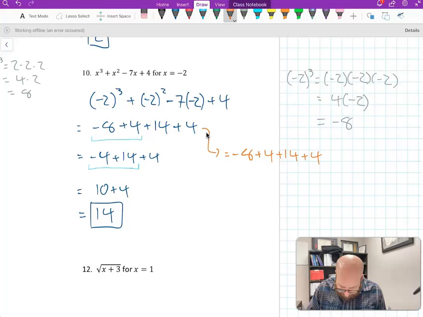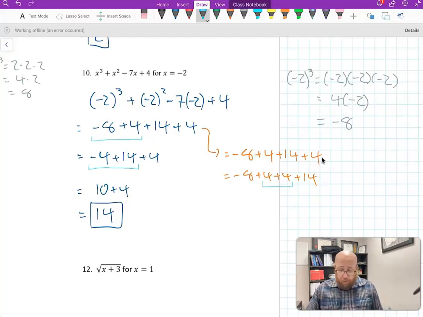So, a couple of ways to look at this. My attention is immediately drawn to the fact that I have a 4 and a 4. So if I just think about reordering this as follows, and let's just do the 4 plus 4 first. We get negative 8 plus 8 plus 14.